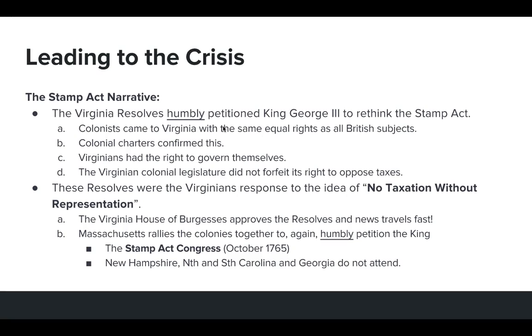So just to recap on this slide, the Virginia Resolves is pretty much reminding King George in a very humble way that the Virginians, i.e. the Americans, all have the same rights as the British subjects. And when the king originally sent the colonists to America, the charters that were drafted confirmed that everyone in America has the same rights as everyone in Britain.